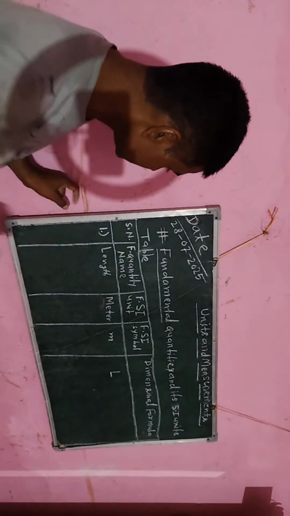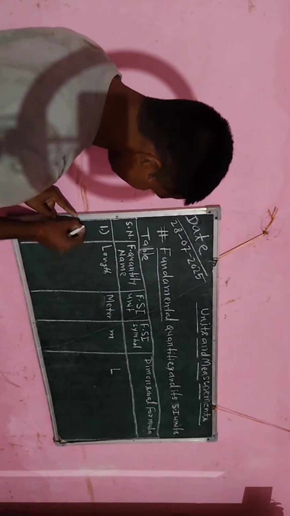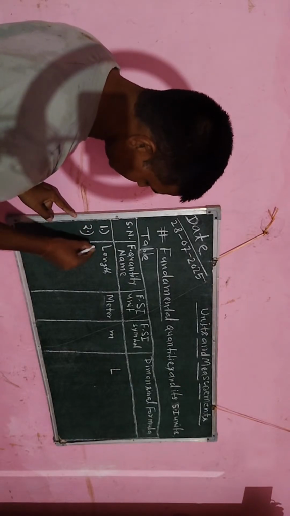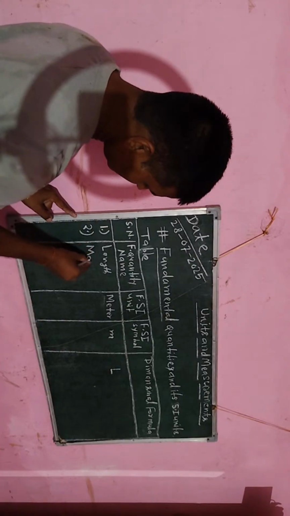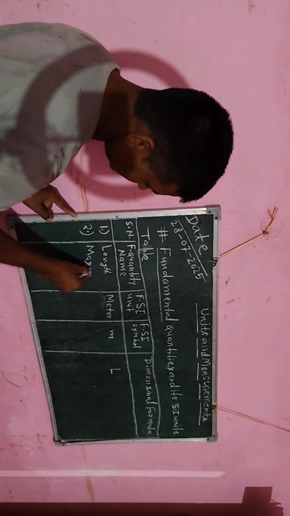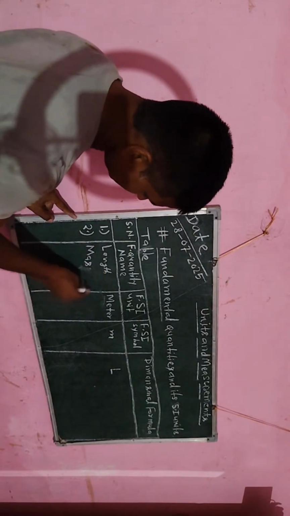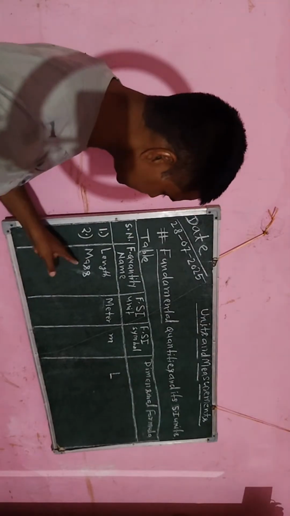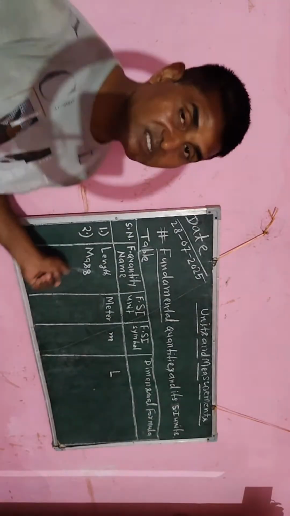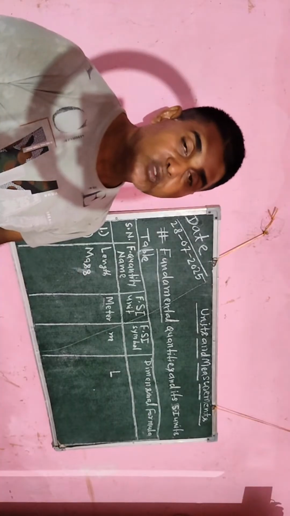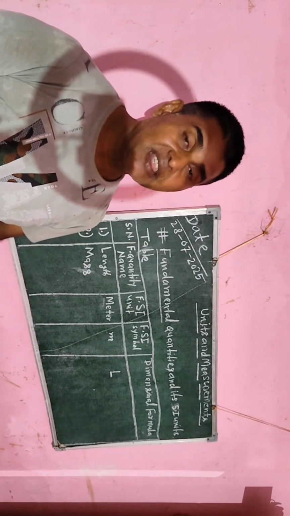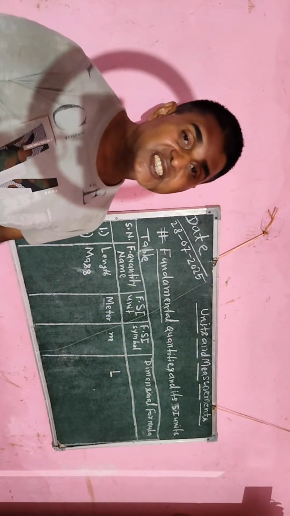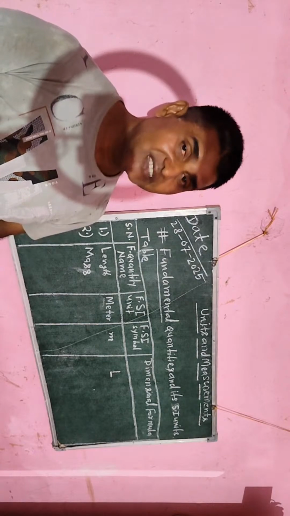Now the second fundamental quantity I am going to write is mass. Mass is the quantity, because any object available is measured in the MKS system in kilogram, but in the CGS system it is gram.